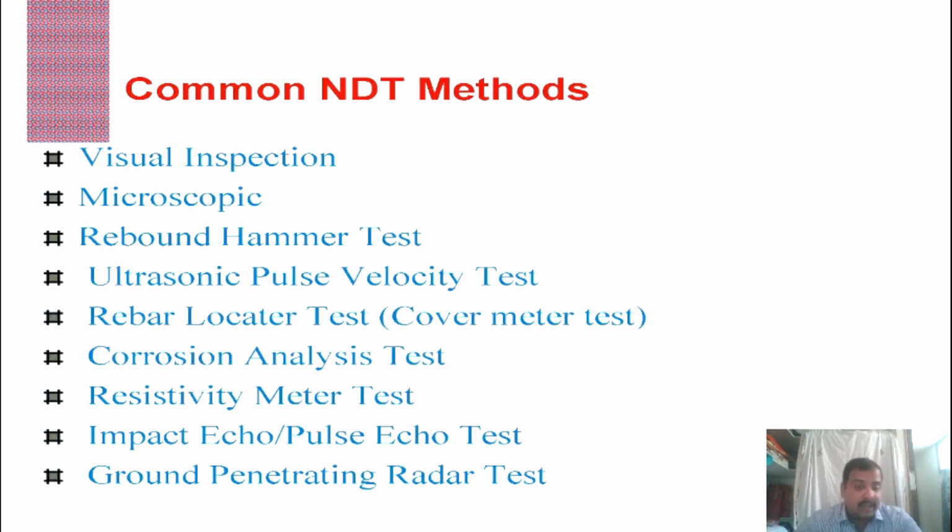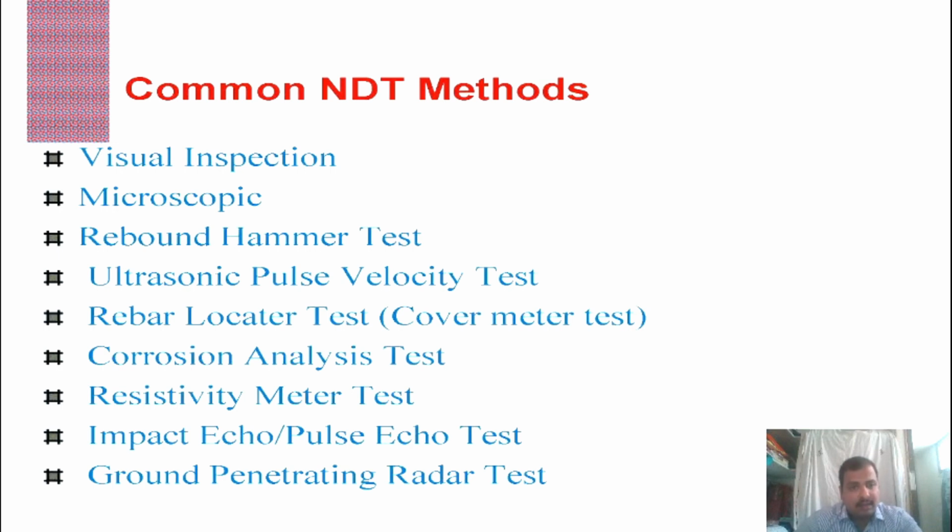But if a surgeon has much more experience, carrying out a surgery in a week or in a day, then he can perform the surgery in the most effective manner. In the same way, NDT methods can be carried out only by an experienced person.